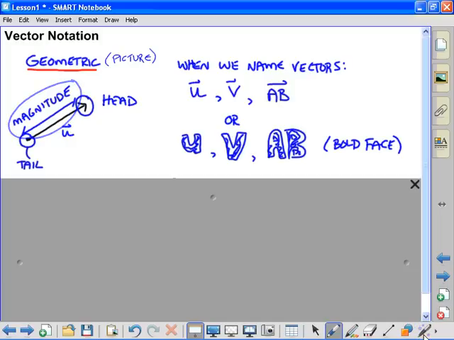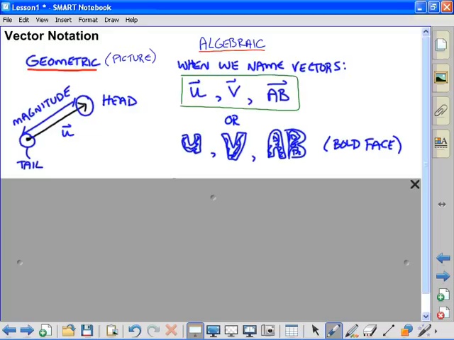Our algebraic, so this is how we represent it with words or letters. So the more common notation, and the one that I'm going to use mostly this year, is the name of the vector. So that's the name. And this symbol on top, the harpoon or the arrow, indicates that it's a vector.